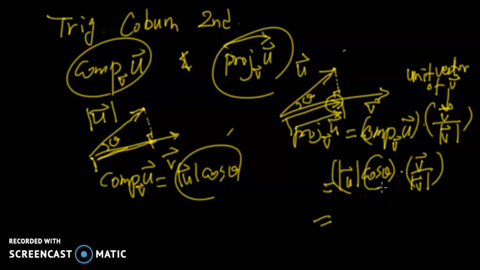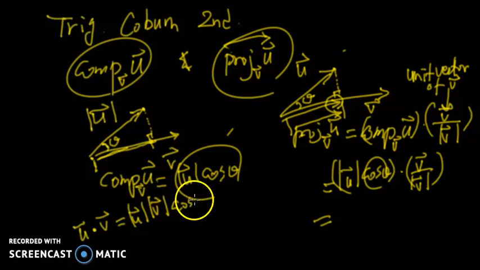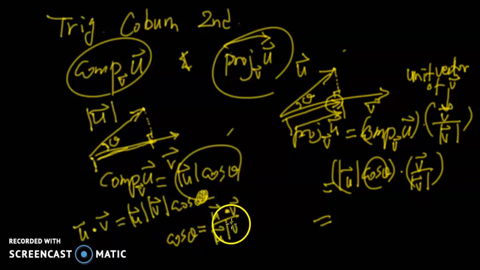Cosine theta, the theta angle is between two vectors, so what is the dot product of two vectors? U vector dot product V vector is U vector size, V vector size, cosine theta. So if you solve for cosine theta, that's gonna be U dot product V vector divided by U vector size, V vector size.